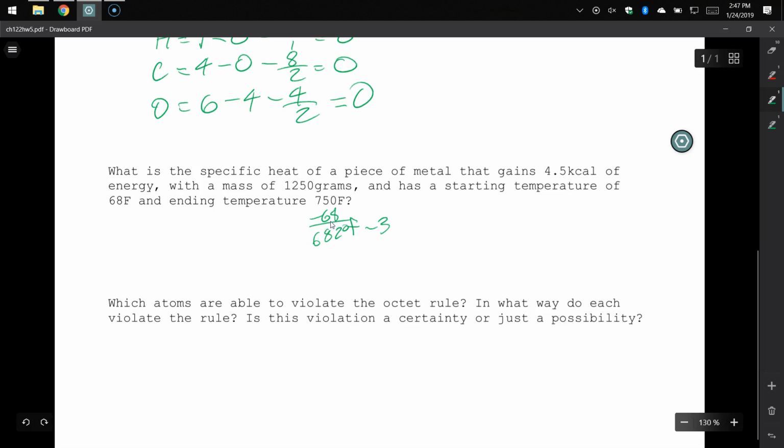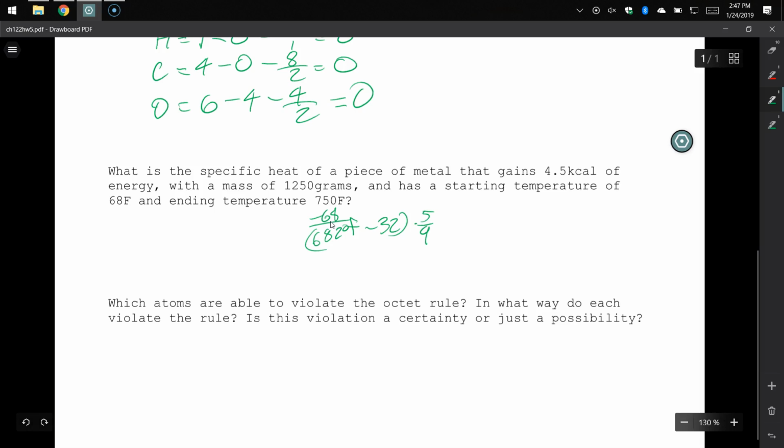So I subtract off 32, put that in parentheses, and then I multiply by 5/9. So I'm at 682 minus 32, then hit equals times 5 divided by 9. It's super important that if you're punching this into the calculator, you make sure those parentheses are around the subtraction, then hit times 5 divided by 9.